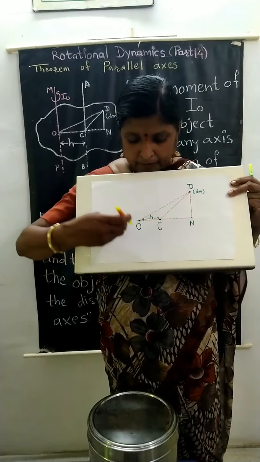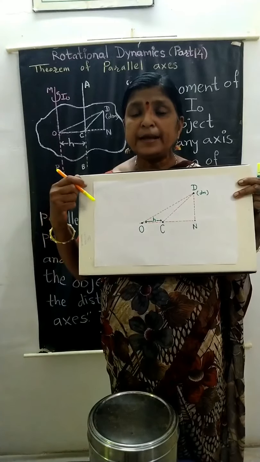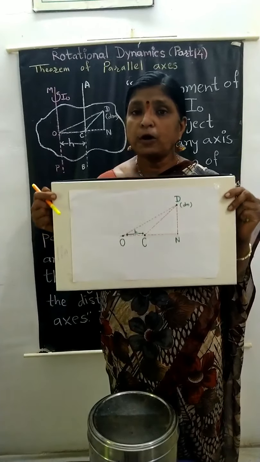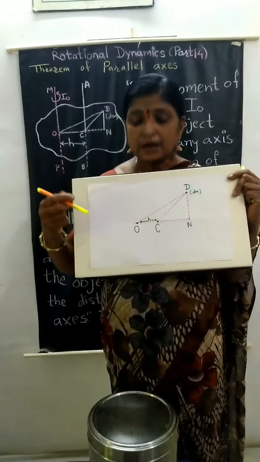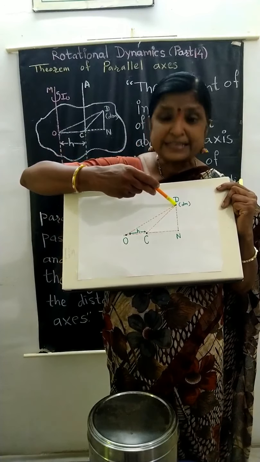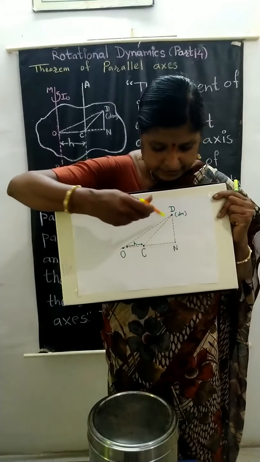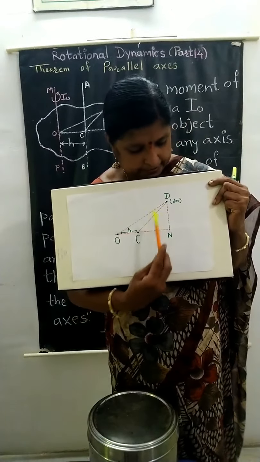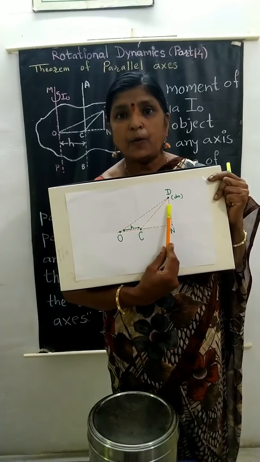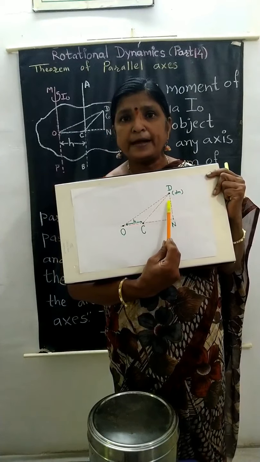Hence, for finding the moment of inertia of the complete rigid body, what do we do? We consider a small mass element dm, which is situated at some point, such as here at point D. What is the speciality of this point D?